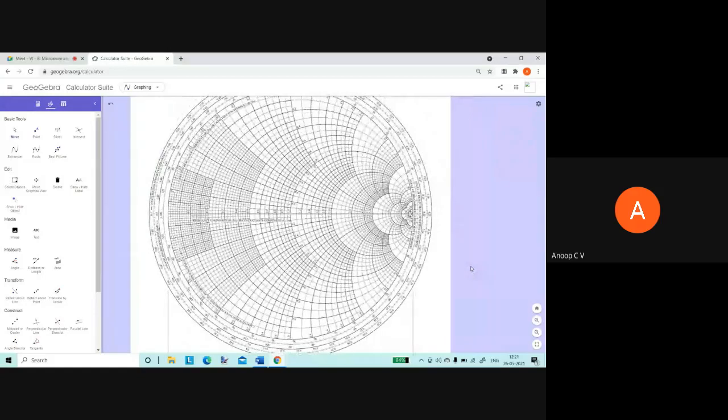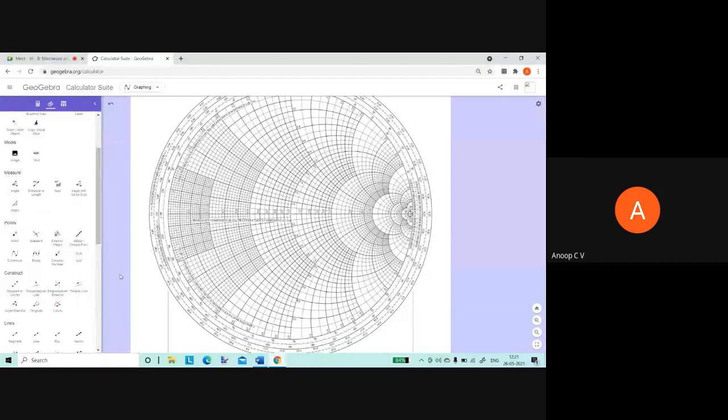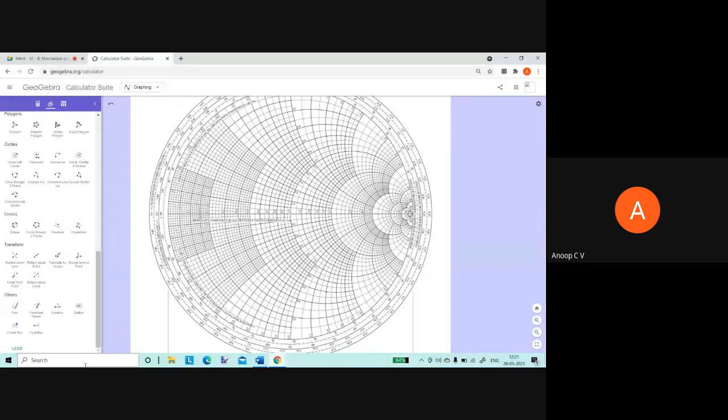So which is the ZL point? Can anyone tell me what the ZL point is? 2 plus J1, I guess. Right. Given ZL is equal to 2 plus J1, which means R equal to 2 and X is equal to 1.